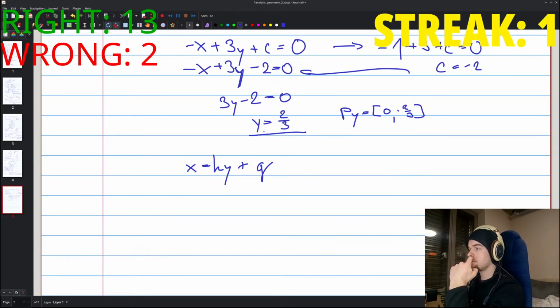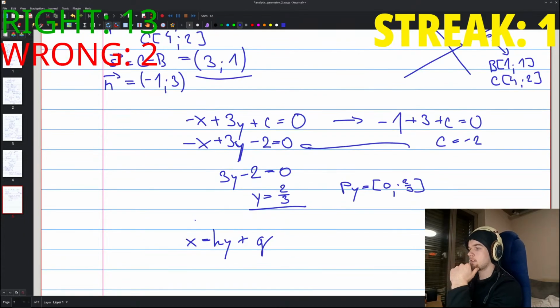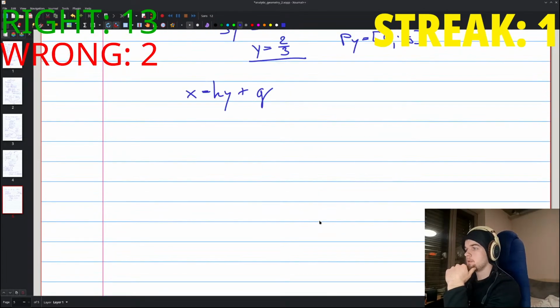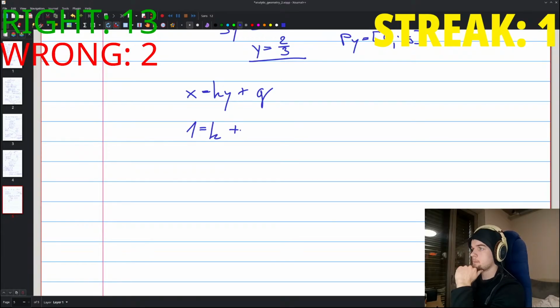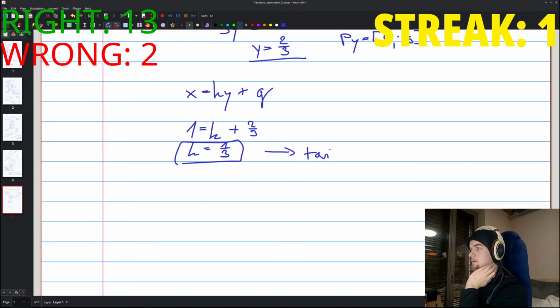So we end up with, and the x and y we can just input from a random point. So we end up with 1 equals k plus 2/3. We subtract 2/3 and we have k equals 1/3. And now we need to do tangent or arctangent of this.